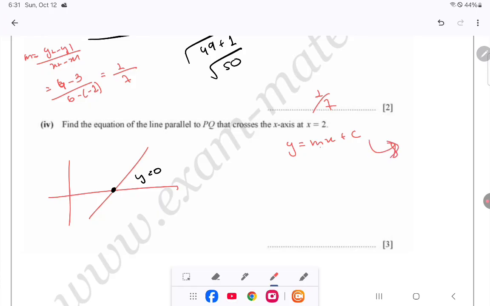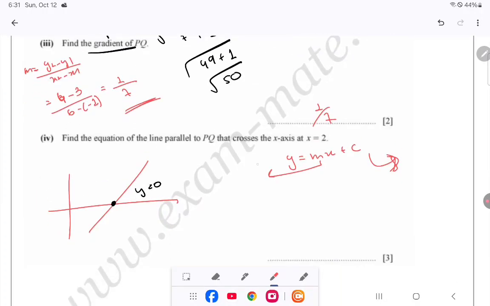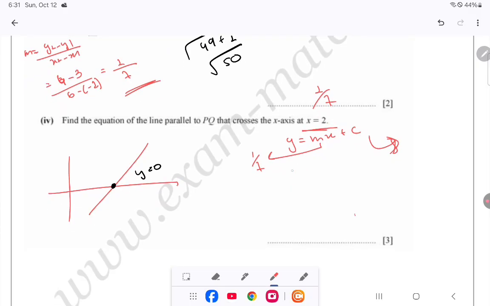M is already known, which we calculated right here, 1 over 7. And the x is given, which is constant 2. Y is 0. M is 1 over 7. X is 2 plus c. 0 is equal to 2 over 7 plus c.